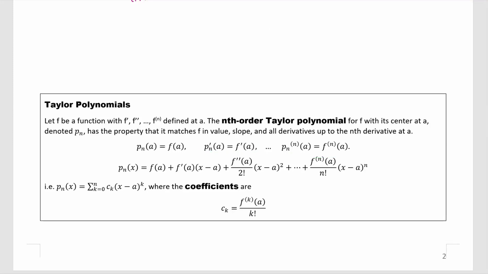Okay, so let's look at the formula. Well, f of a, that's what we've seen before. f prime of a times x minus a, that's what we have seen before. f double prime of a over 2 factorial, this is like what we have seen before. So actually, what happens is you're going to have the last term, the nth derivative over n factorial times x minus a to the n.